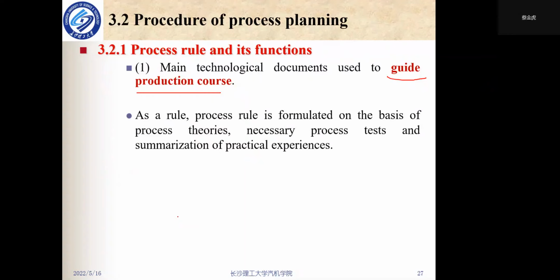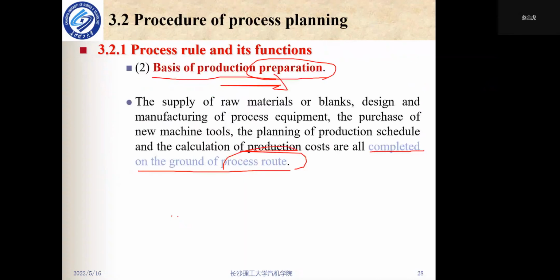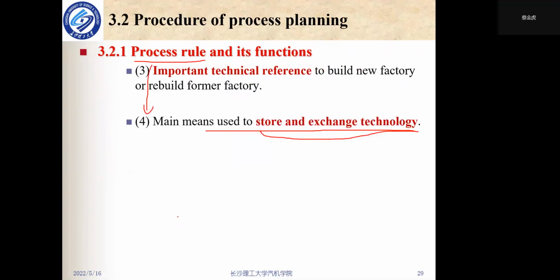The functions of process rule: the first is to guide production, the second is the basis of production preparation, the third is an important technical reference, and the fourth is the main means used to store and exchange technology.